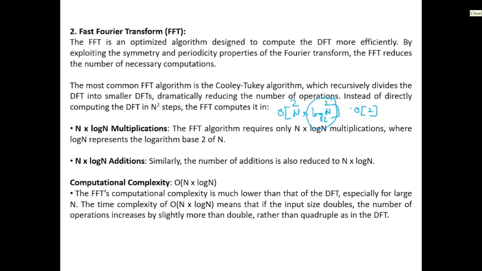In the previous case, in DFT, we are having big O of n squared, which is 4. So what is happening? When n is small, the order of computation in FFT would be half of what we were getting in the case of DFT, because it was 4 for DFT.